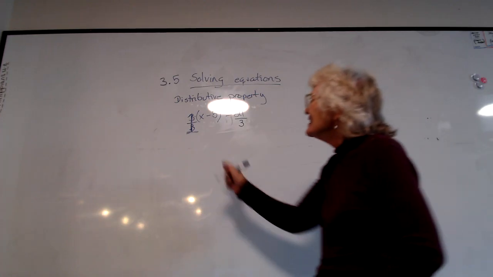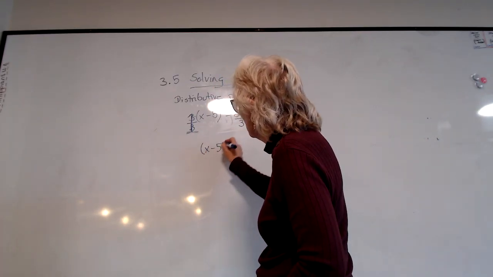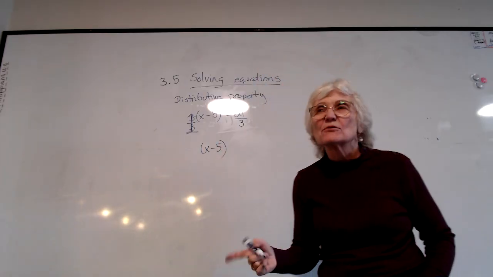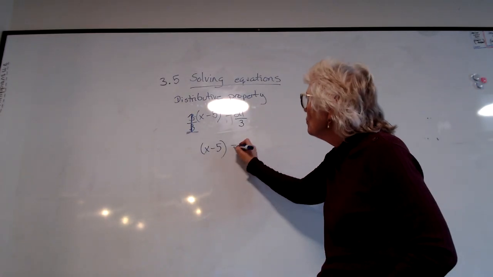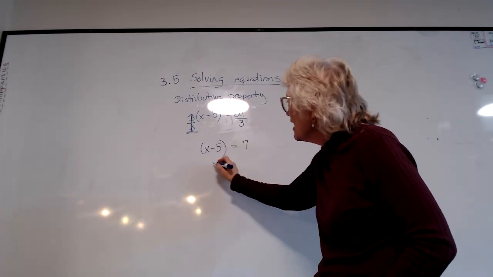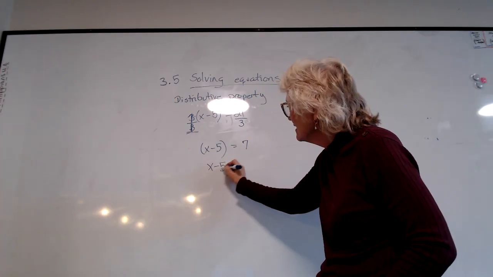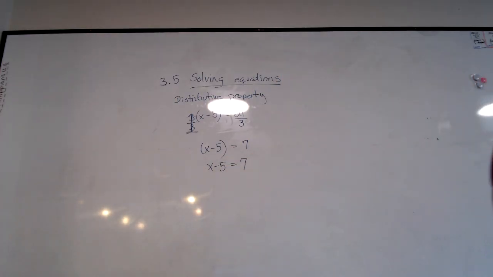Okay, so that cancels out, and we are left with x minus 5, which now we really don't need parentheses, but we can have them, equals, well, what is 21 divided by 3? It's 7. So now I actually have this. So how would I get x all by itself? I'm actually doing the division first here.